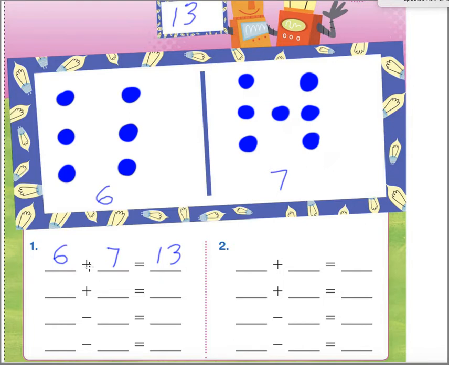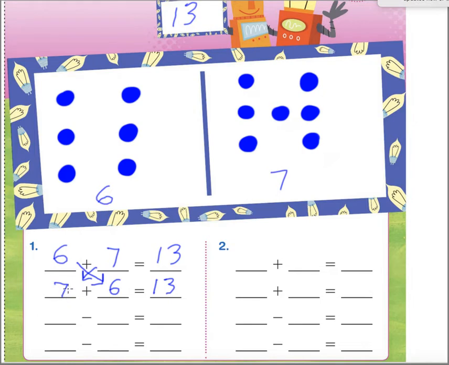Well, all we're going to do is switch the order, because the order can go either way. So we can use the 7 first, and then the 6 second. And guess what? They still make the same number, which gives us 13. So all we did was crisscross them. That's it.